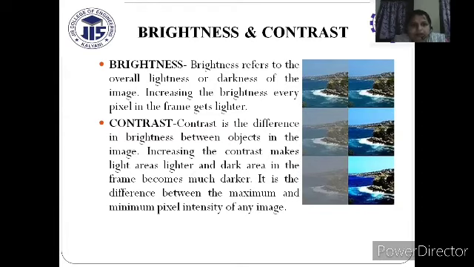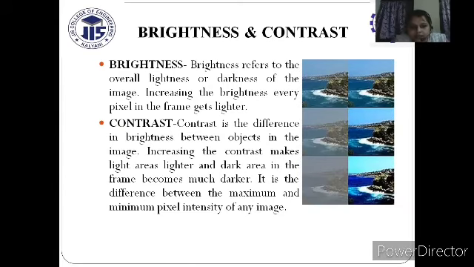So first of all, brightness. Box number 1 has normal brightness. After that, the brightness is higher, which means the picture is lighter than the first one. And the third picture is brighter than the second one.